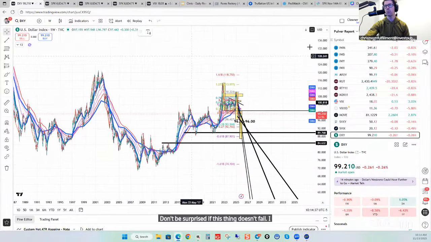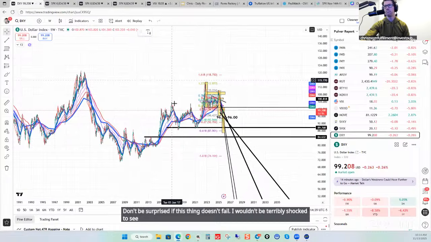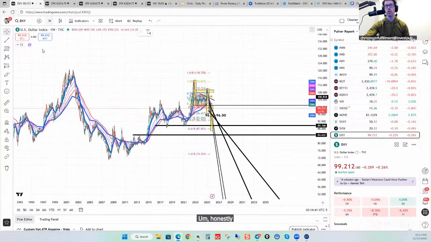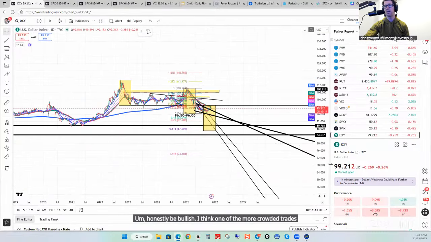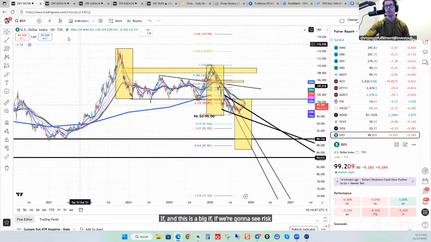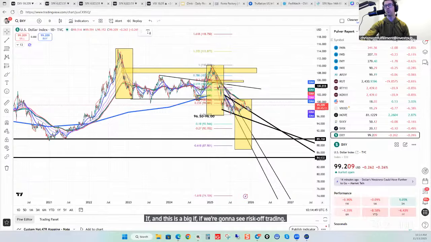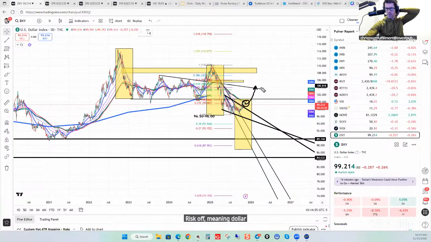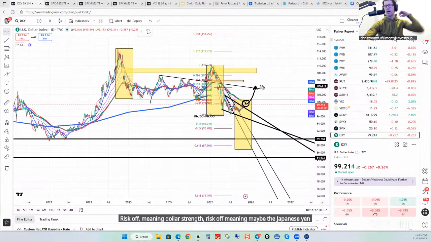I wouldn't be terribly shocked to see the dollar be bullish. I think one of the more crowded trades is everyone thinks the dollar is going to go down. And this is a big if, we're going to see risk off trading. If we're going to see risk off trading, in my opinion, risk off means dollar strength, risk off means maybe the Japanese yen gets stronger as well.